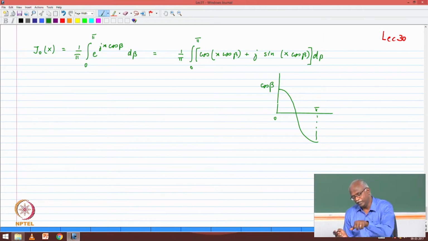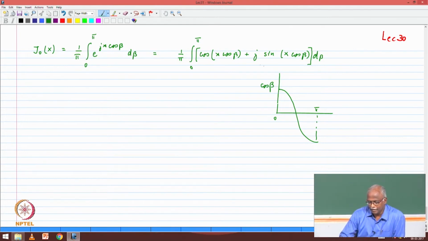Okay, since this is a symmetric integrand, the contribution from the imaginary part will go to 0, because the sine of this portion will be positive, the sine of the other portion will be negative, and when I do the integration, that term goes to 0. So what we are left with is 1 over pi integral 0 to pi of cosine of x cos beta. I think some books already give you the direct expression in this form.